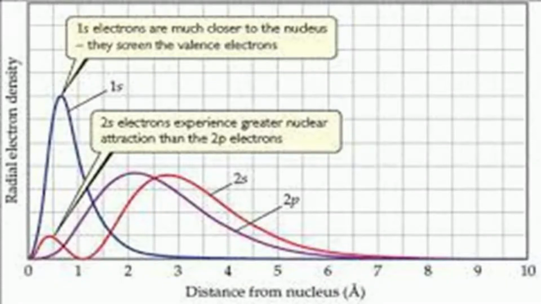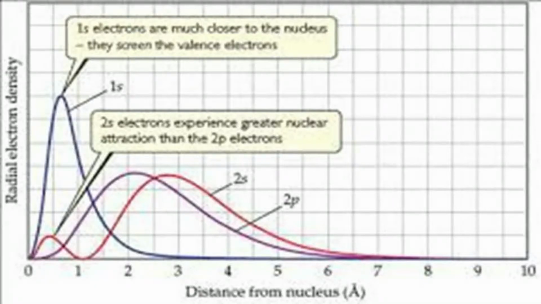On an average, if you see, the 2s orbital electron is closer to the nucleus. The 2s orbital electron spends more time towards the nucleus. If it is closer, its energy will be lower. And that closeness of the orbital we understand by the term penetration.